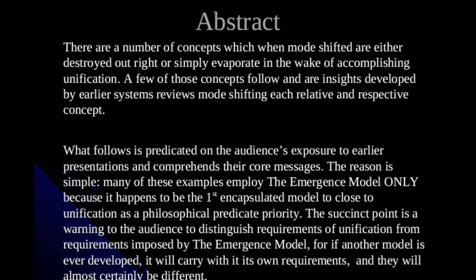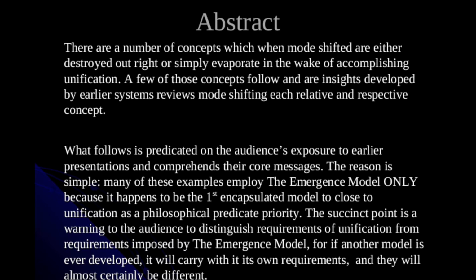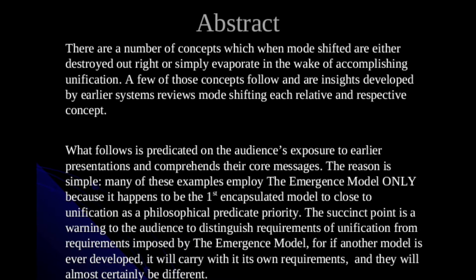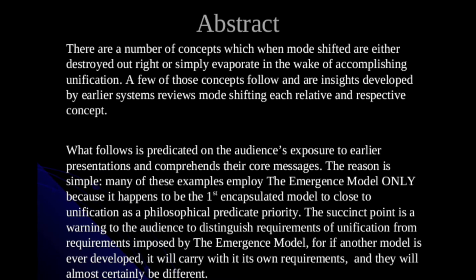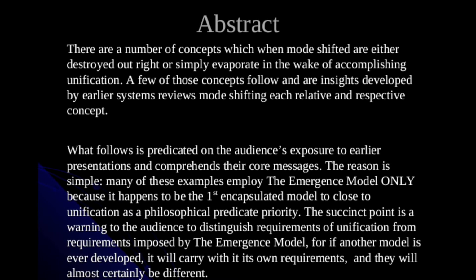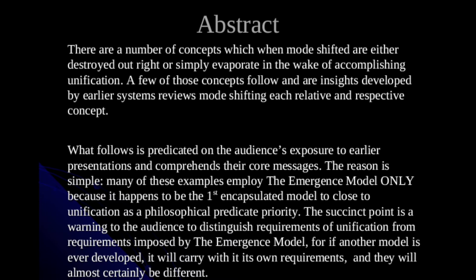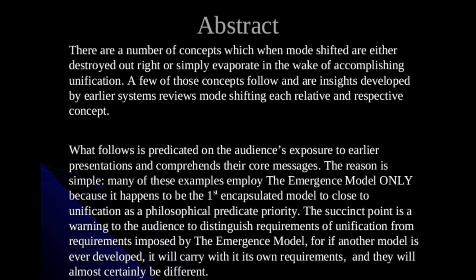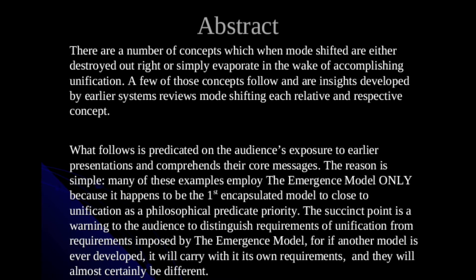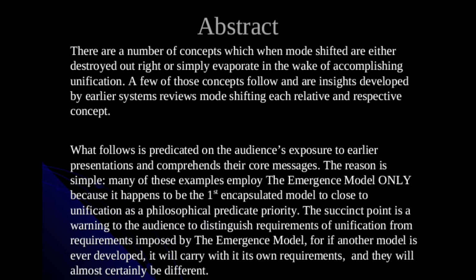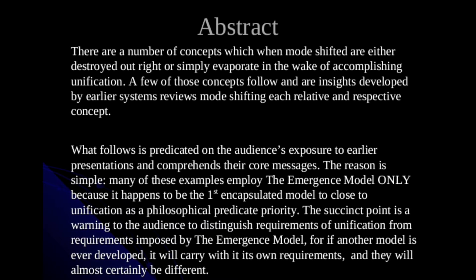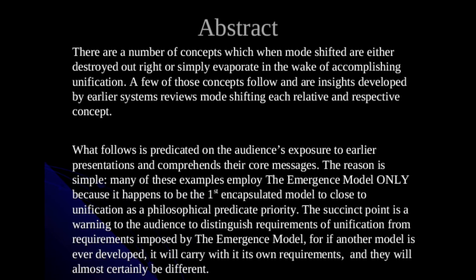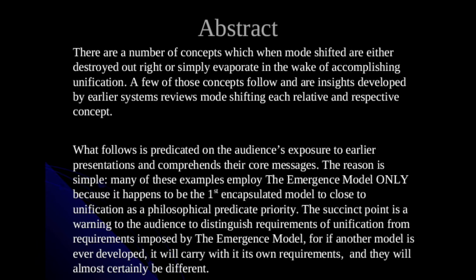and so we use it as an example here. Somebody at a later date, once people really come to understand what the framework is all about and how the epistemology works, may come up with a better model than the emergence model. We simply offer it as part of the elegant reasonism framework and epistemology, because that framework requires at least one of the models used to close to unification.